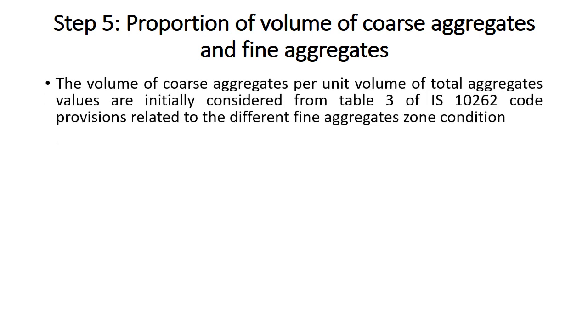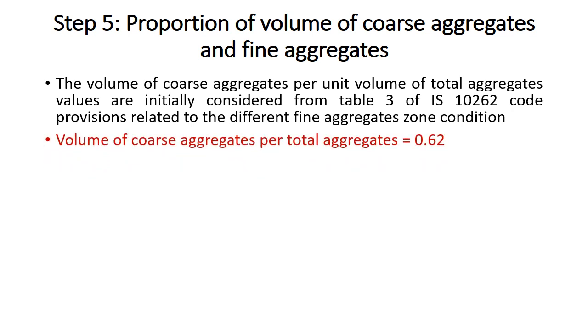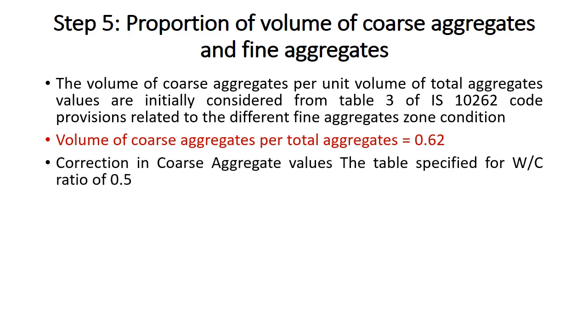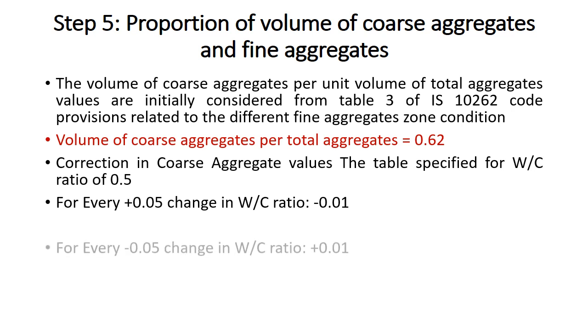The volume of coarse aggregate per unit volume of total aggregate is initially considered from table 3 of the IS 10262 code, related to the different fine aggregate zone condition. The volume of coarse aggregate per total aggregate is 0.62. Correction in coarse aggregate value: the specified water cement ratio in the table is 0.5. For every plus 0.05 in water cement ratio, the change is minus 0.01.